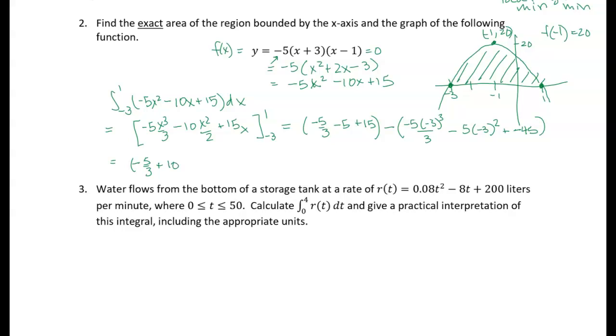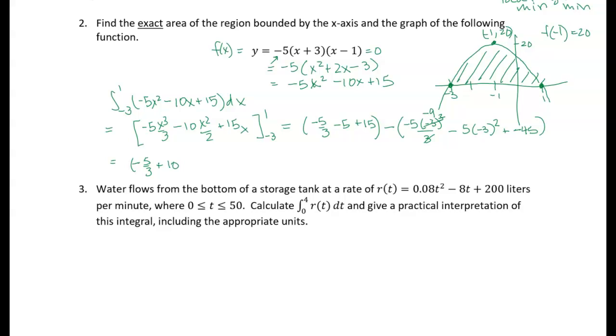And then here, one of these 3's will cancel. I got to remember 3 cubed is negative, so this is going to end up being minus 9, right? When I cancel a negative 3 with a positive 3, it's still negative, so that's going to be a minus 9.